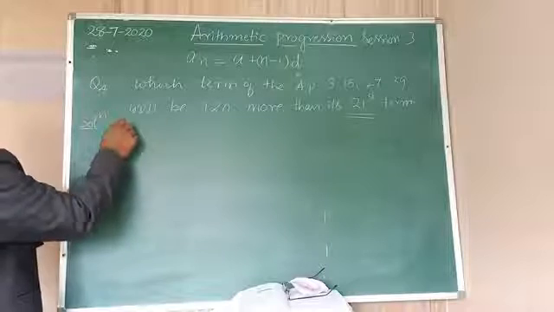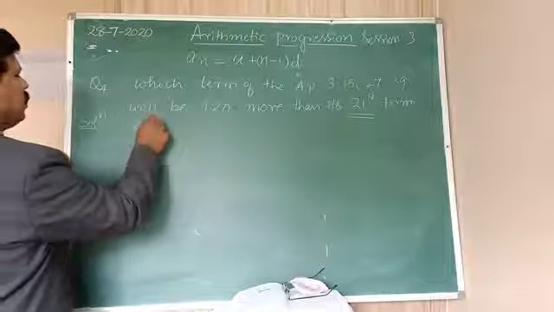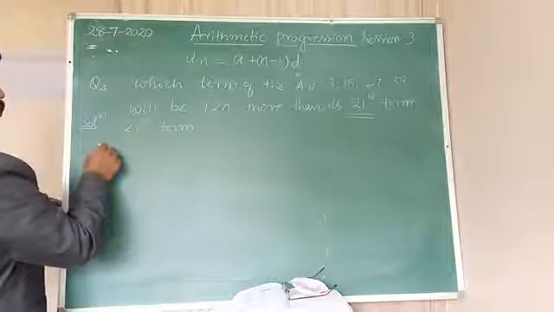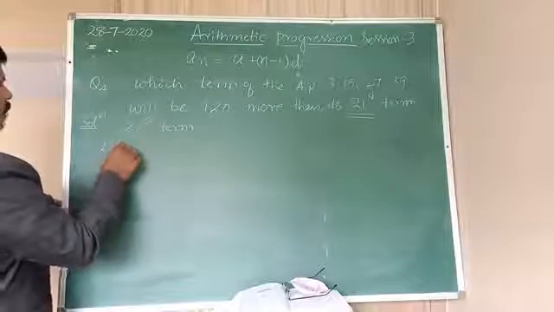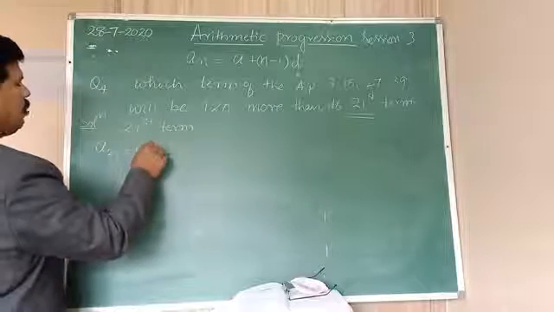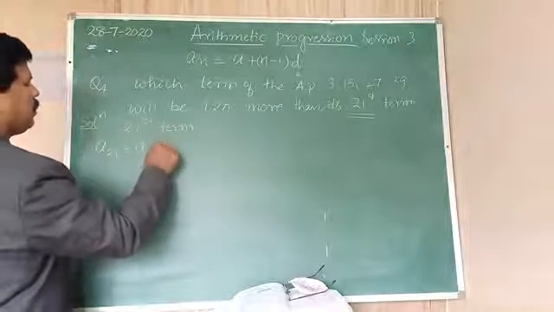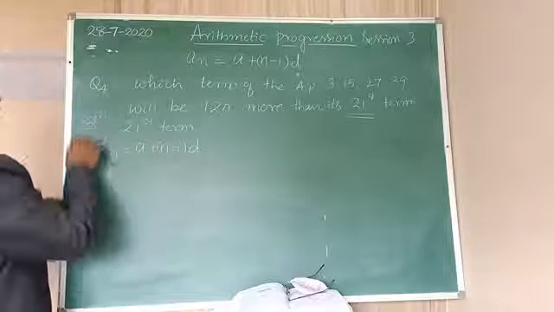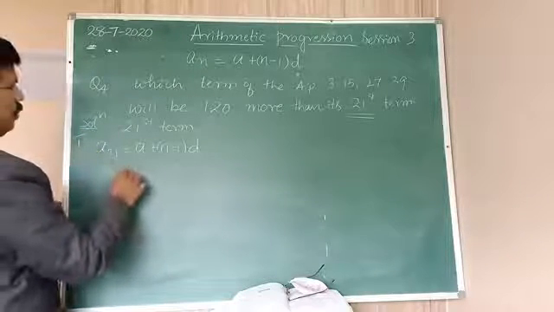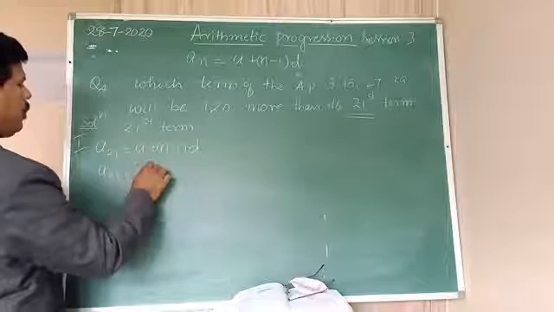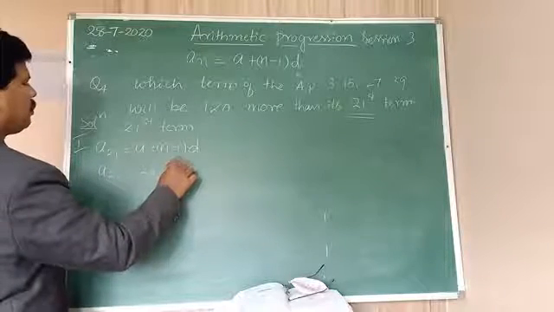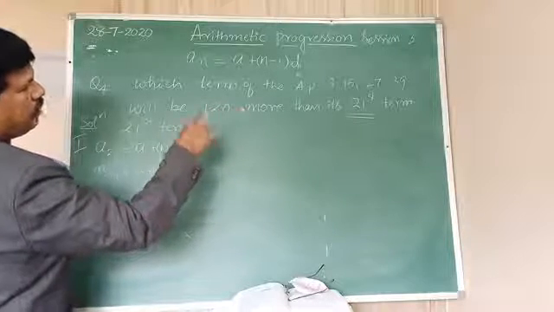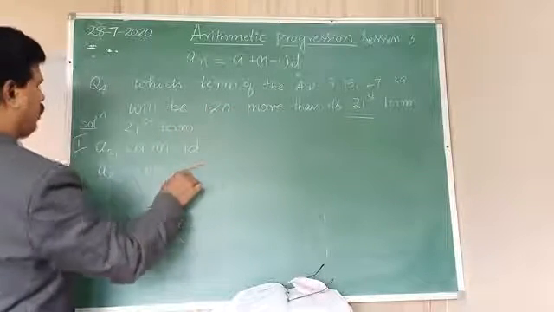Solution: 21st term we want. So A21 is equal to A plus n minus 1 into D. Now A21. Here the first term A is 3 plus 21 minus 1 into D, and D value is 15 minus 3, which is 12.